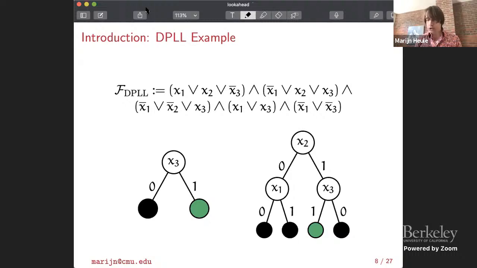So on this small example, you see that just picking the wrong variable doubles the size. In practice, for hard problems, picking the wrong variables can actually result in trees that are orders of magnitude larger compared to picking the right ones. So it's very important to pick the right variables for the splitting.